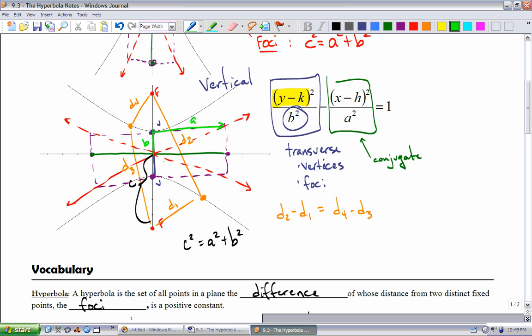And so rise over run is b over a. So the same dimensions that we use to construct our box also tell us the slope of our asymptote. That should make sense. And then if you look, the other line that's running this way has negative b over a as its slope. So you can see that happening there.